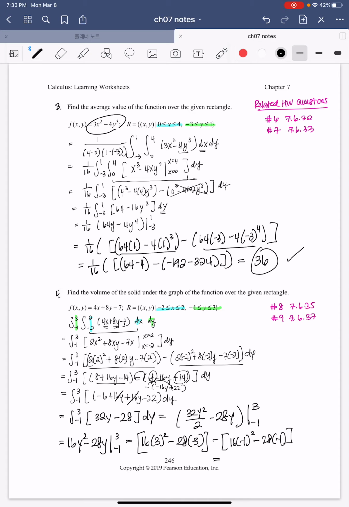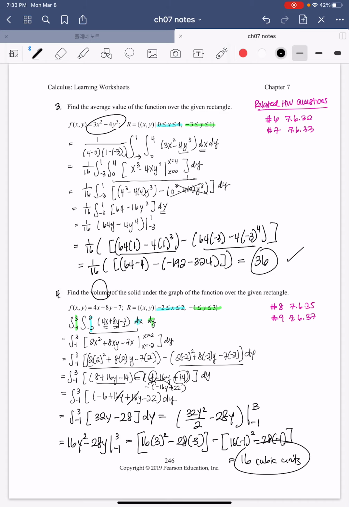So let's keep going. If you simplify the whole thing, putting in the calculator, I get the final answer as 16. Since it's a volume, it's three dimensional, you can really say cubic units.